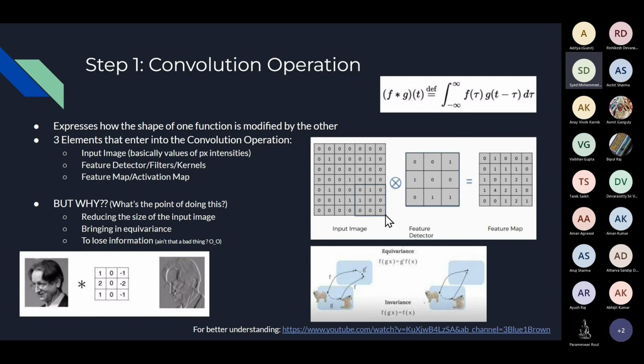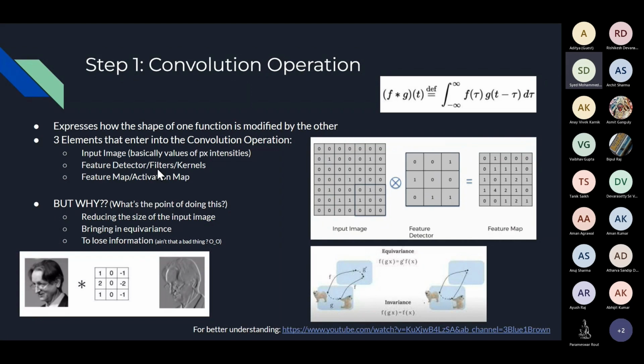For example, your image can be an RGB, so this would be a three-dimensional matrix in which one matrix accounts for the pixel intensities present in red, then green, then blue. For black and white, we have considered it like this: the ones are considered black, and the zeros are considered white. So that is about the input image.